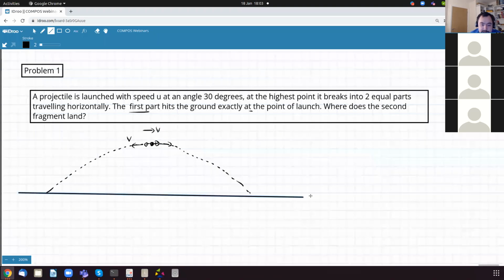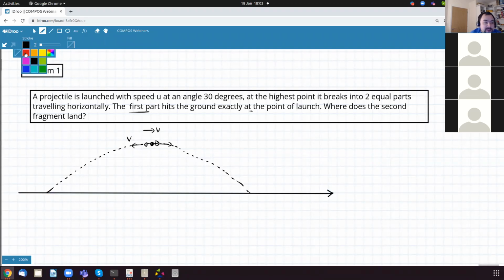But because it breaks into 2 pieces, we have one part traveling back to the point of launch, and another part, well, probably it travels further. Because we have conservation of momentum. I know conservation of momentum is the next topic, but intuitively you should understand that if this part travels backwards, this will travel forwards faster.